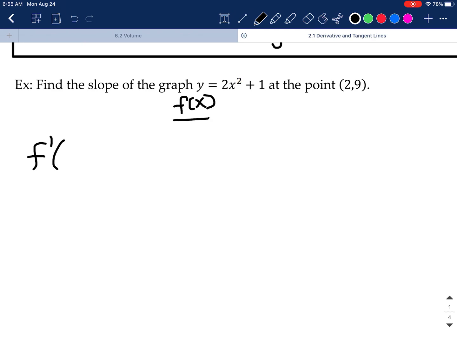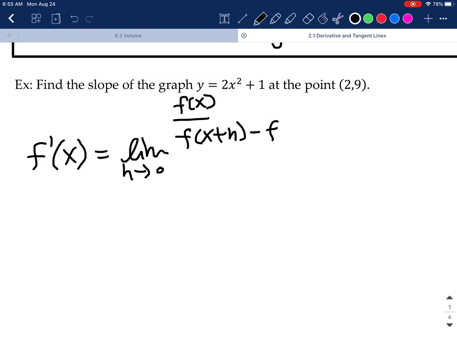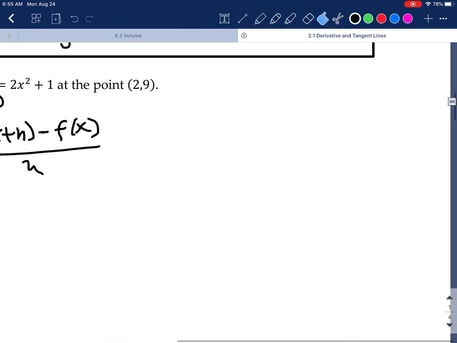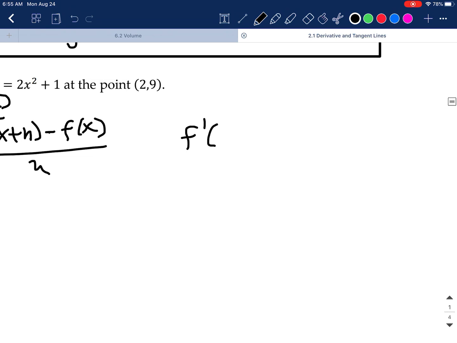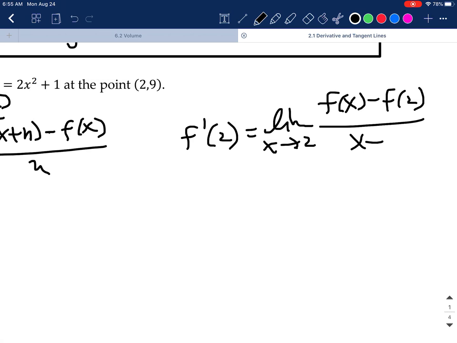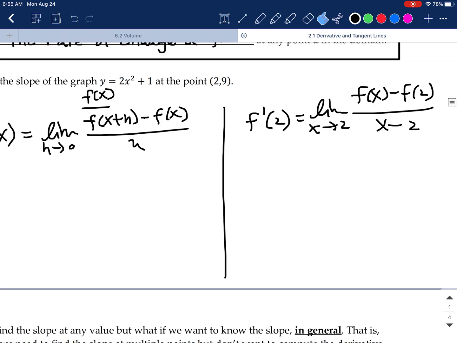So f prime of x would equal the limit as h goes to 0 of f of x plus h minus f of x all over h, or we could do f prime of 2 is equal to the limit as x approaches 2 of f of x minus f of 2 all over x minus 2. I'll put a little dividing line here.